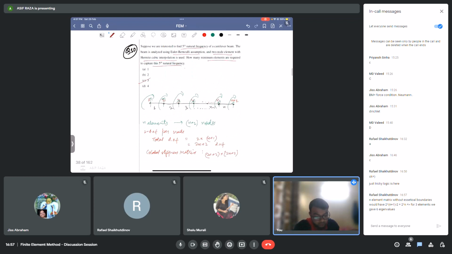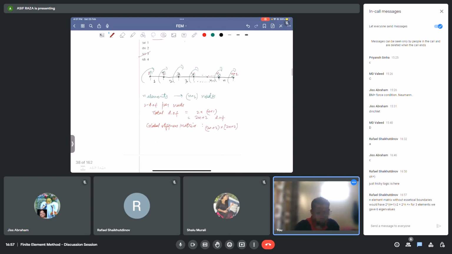But for finding natural frequency, we don't directly solve in terms of the global stiffness matrix. We solve in the reduced stiffness matrix, which is obtained when we remove the rows pertaining to the constraints. If we fix here, we have to remove these two displacements, two degrees of freedom.